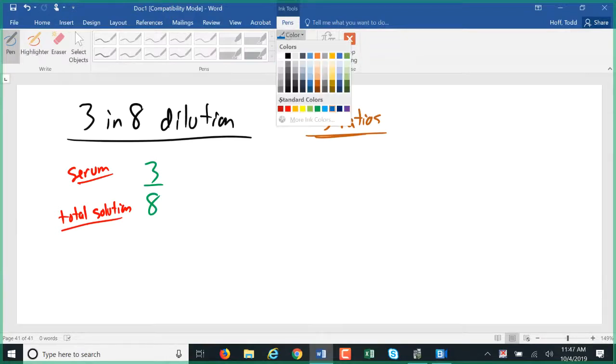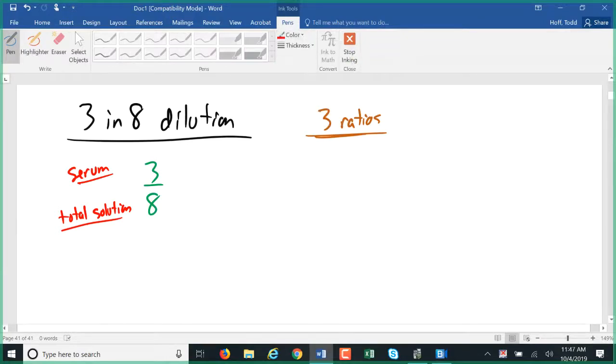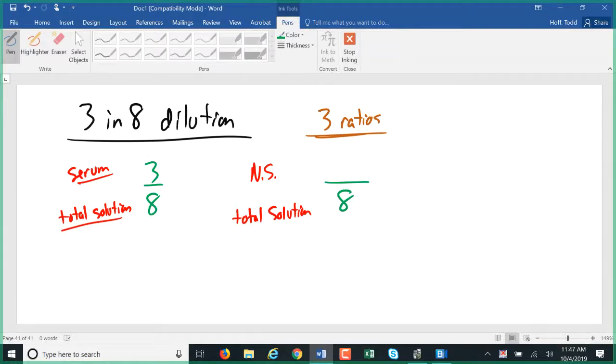But the second important ratio to us is NS to the total solution. There's still 8 parts of total solution. How many of those parts is NS, saline?